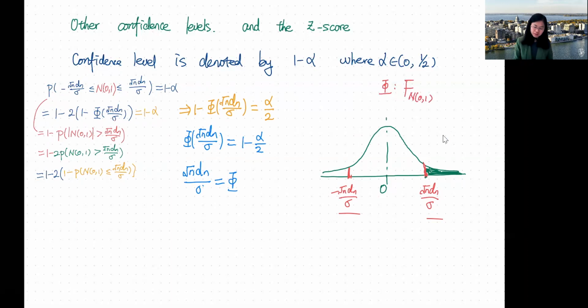So when the CDF is strictly increasing, it has an inverse function. It's invertible. Therefore, this equation can be solved this way. So root n dn over sigma should be the standard normal CDF inverse of 1 minus alpha over 2.